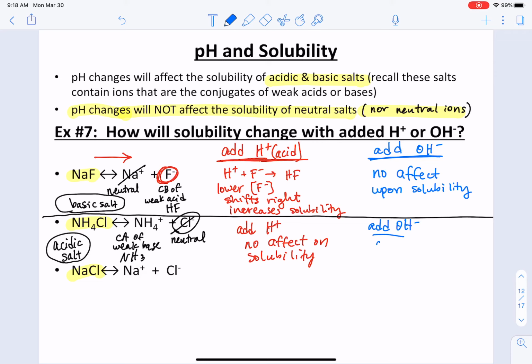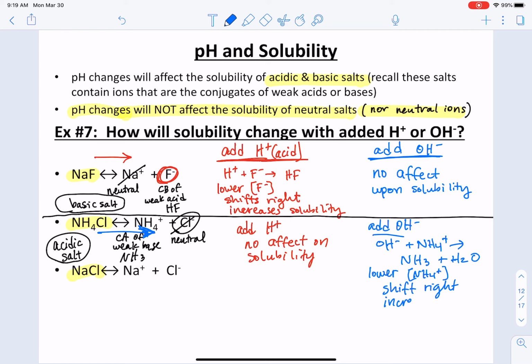So if we add hydroxide, it is going to go in there and it's going to react with NH4+, ammonium ions. What's going to happen is it's going to form NH3 and then water. So it's going to actually lower the concentration of ammonium because they get used up in this reaction that I've written. So if it lowers the concentration of ammonium, it's going to shift to the right, and that actually makes this more soluble.